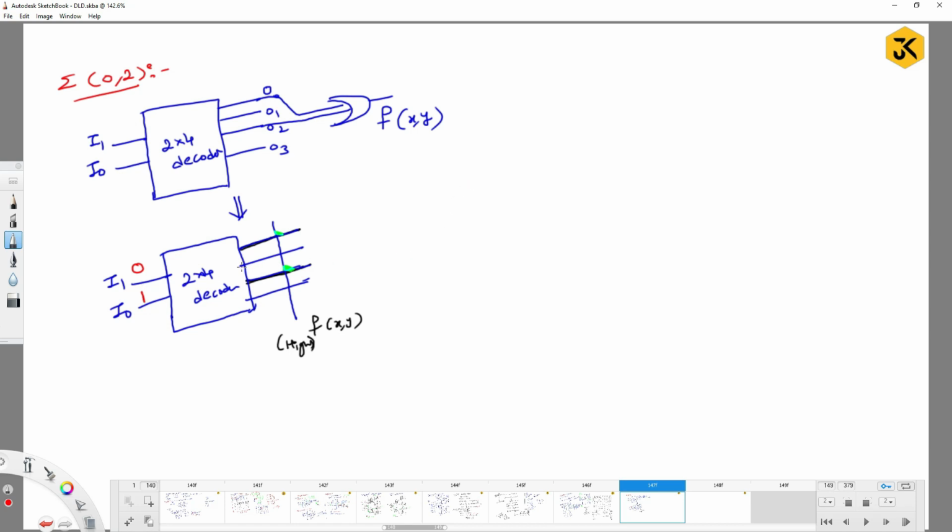Second line, meaning that my current is passed through here. If current is passed through here, is the vertical line connected to that line? No. As it is not connected, what might be the output you are going to get? Low. Am I right or not?